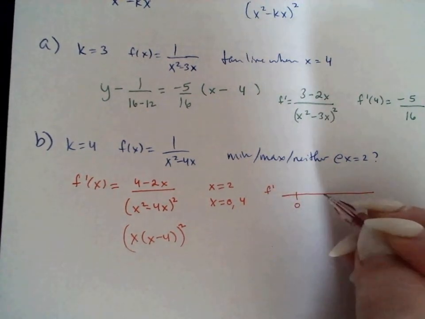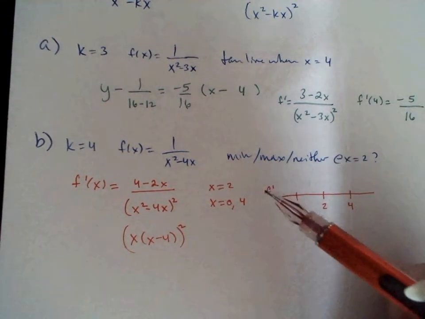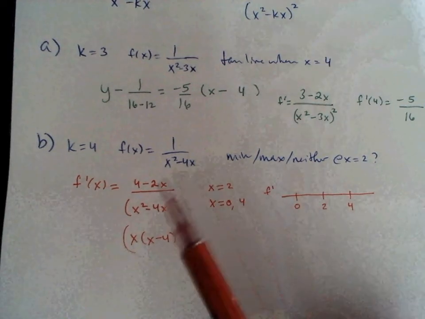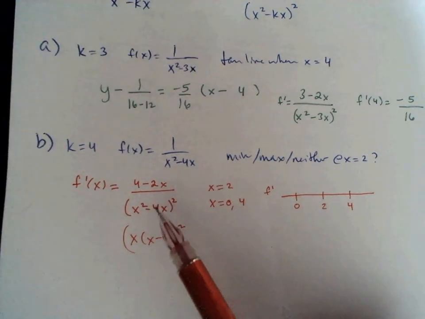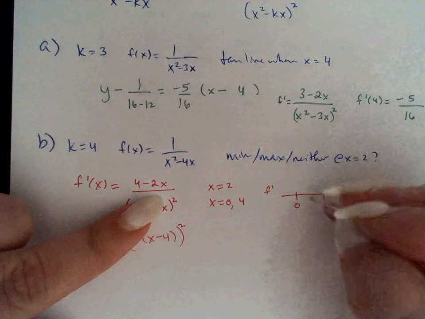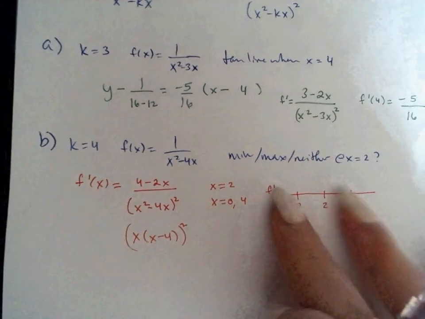So as far as my critical points go, 0, 2, and 4. So I'm going to plug in values on my sign chart on either side of 2 into my first derivative. So if I plug in 1, I get, that's a positive.